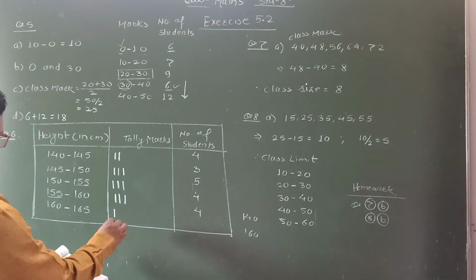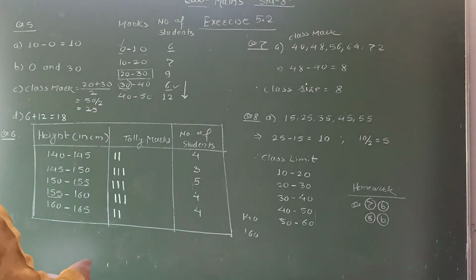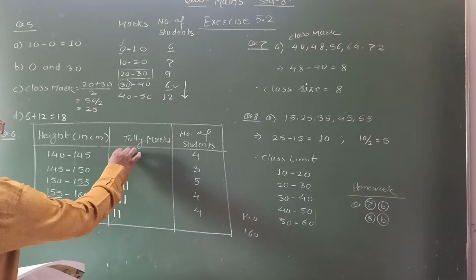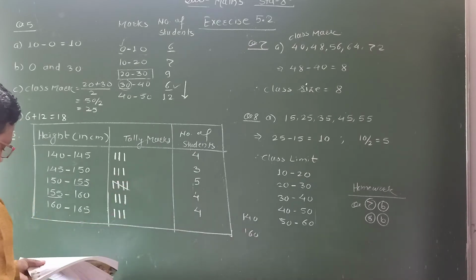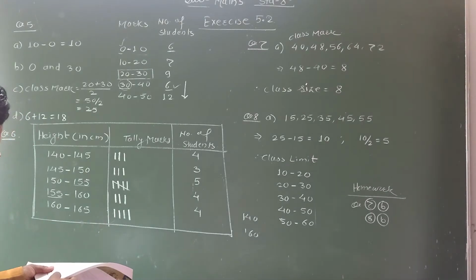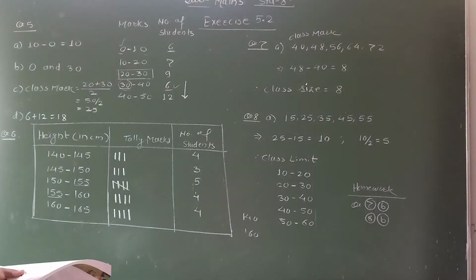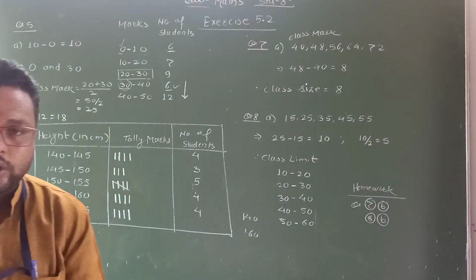Then 161, 154, 142 will come here. Then 163, 154. Fifth line, okay, 160 here, and 155 it will come here, and next is 143, it will come here. According to the number you have to give the tally mark.